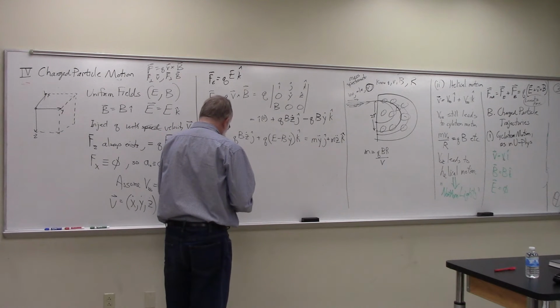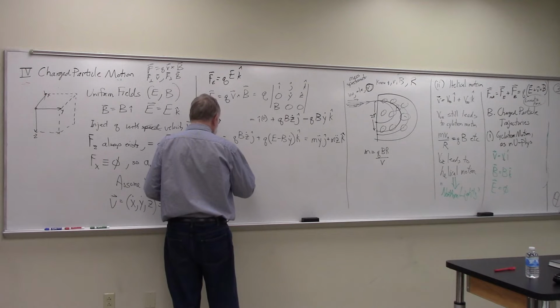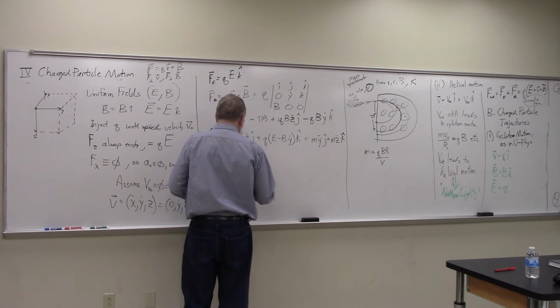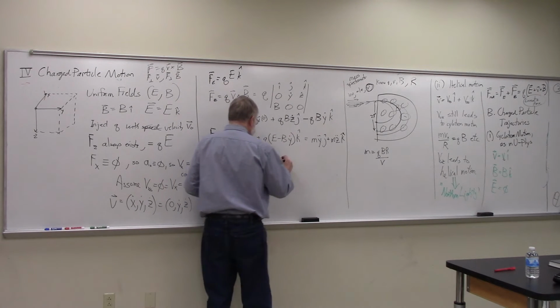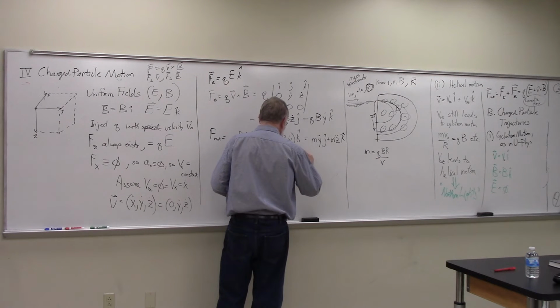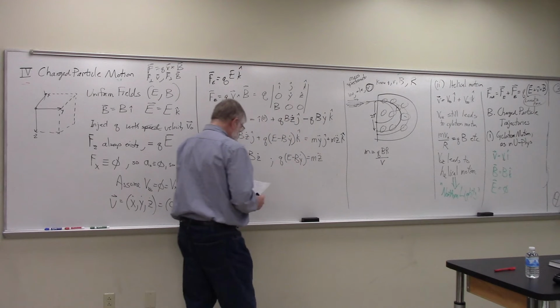Let me write this as two separate little equations. Equate y components: m y double dot equals q E z dot, and q times E minus B y dot equals m z double dot.